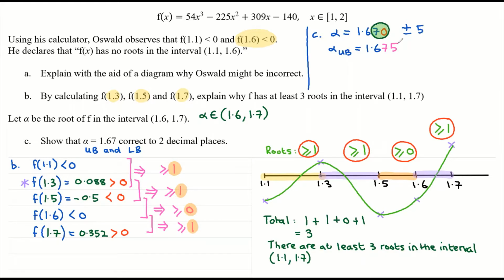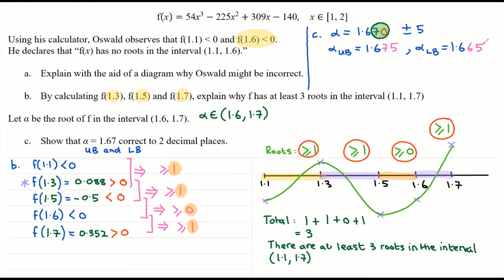And the alpha lower bound would be 1.6, and then I subtract 5 from the 70, so that would be 65. So that's 1.665. Just a technique that I use. You don't have to do it like that.